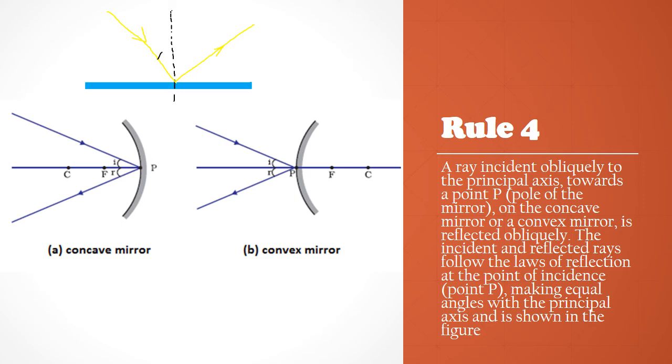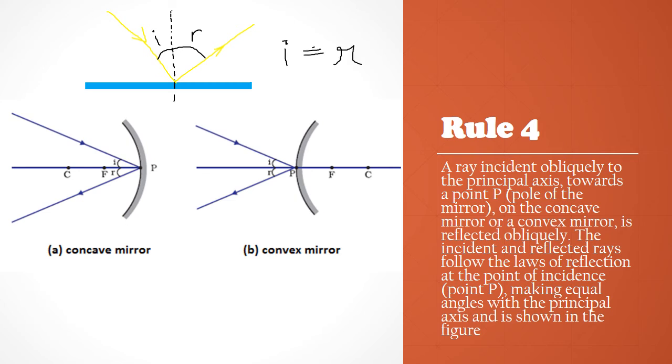This angle is denoted by I. Next, the angle made by the reflected ray and the normal, this angle, is represented by R and it is known as your angle of reflection. So your first law of reflection states that the angle of incidence is equal to the angle of reflection.